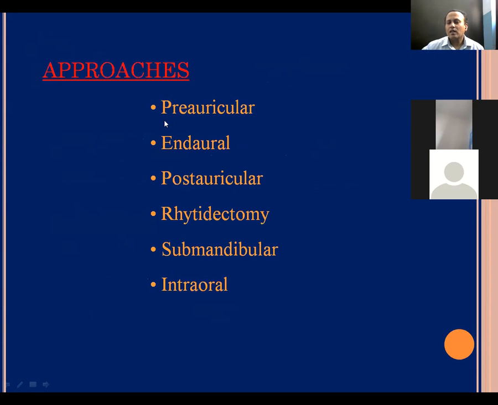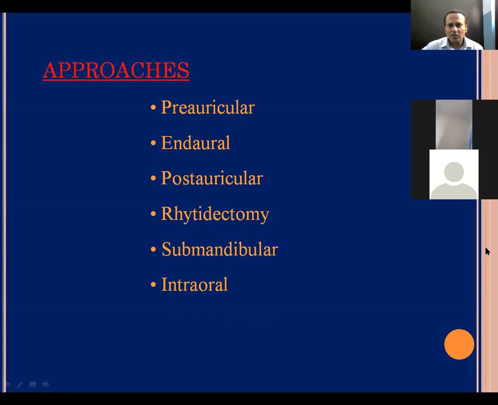Those are the preauricular approach, that is in front of the ear, endaural is through the ear, postauricular is behind the ear, rhytidectomy is involving the ear and the neck region, submandibular, below the lower part of the mandible, and intraoral. So these are the approaches through which we can reach the condylar region.